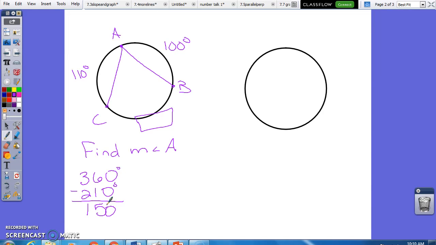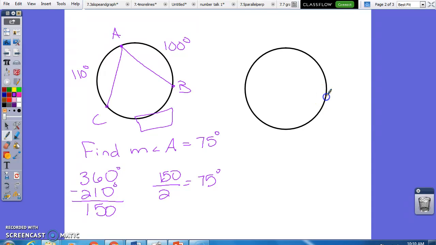Then, to find the measure of angle A, we would take 150 degrees and divide it by 2, because we're going in the opposite direction. So the measure of angle A would be 75 degrees.